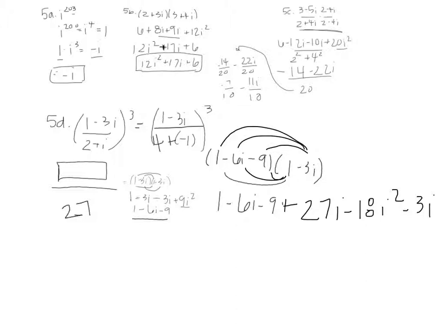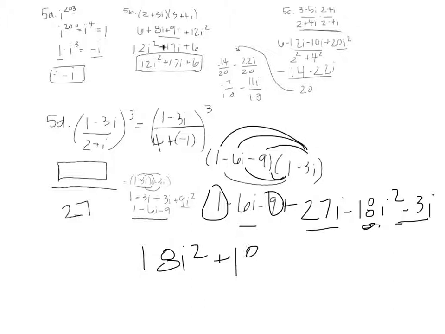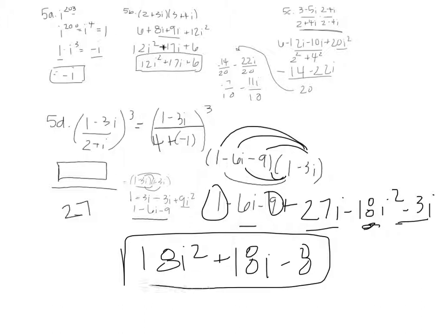So from here, we add common terms, or like terms, which would be this, and also, forgot this one, this. And we also add this like term with this term. So we end up getting, this one stays by itself right here, so we get 18i squared plus 18i minus 8. So this is our final answer.